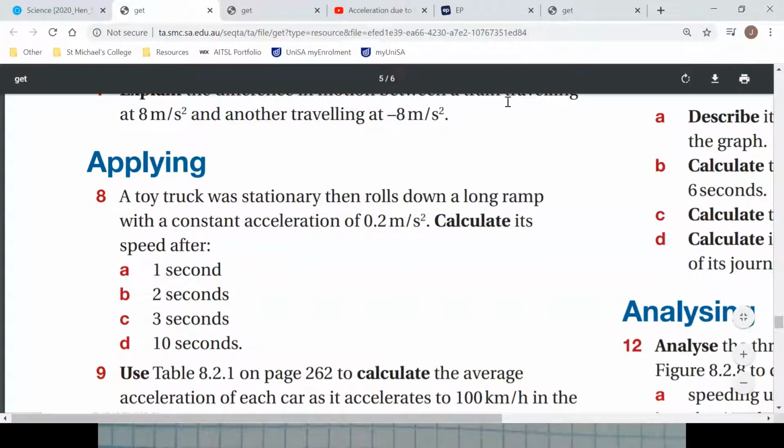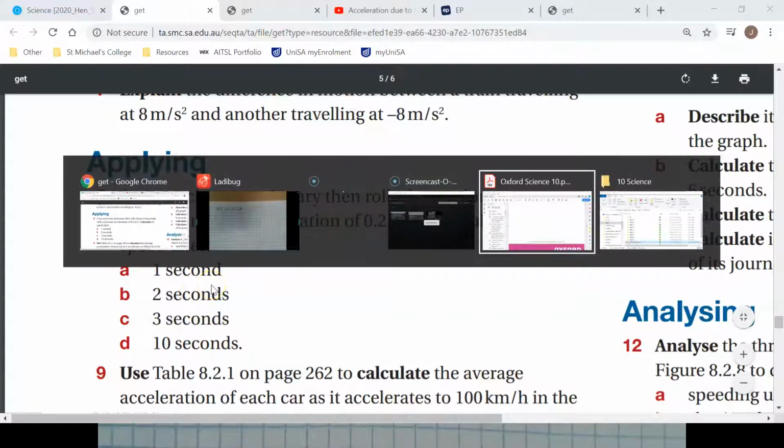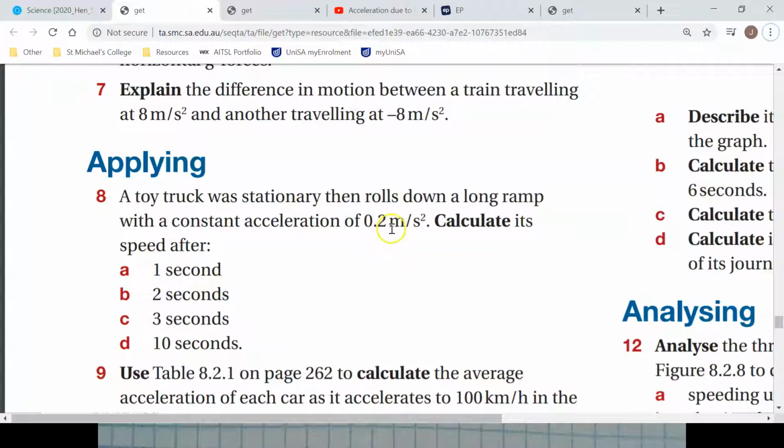Alright, because for A, 1 second, so our T is 1, our acceleration is 0.2 meters per second squared, and what would its initial velocity be? 0. So do we have all of the information that we can put in here?